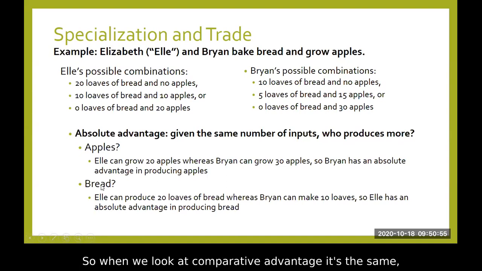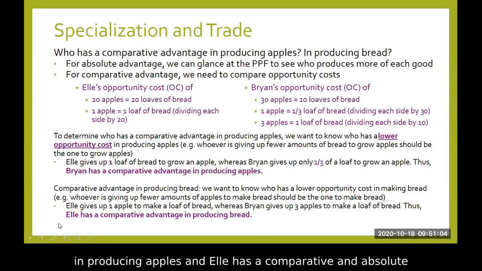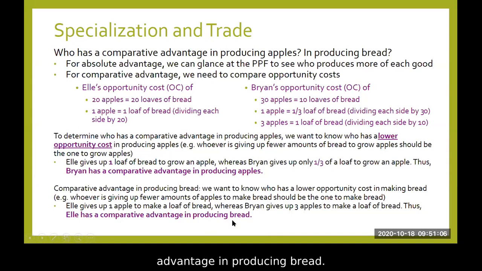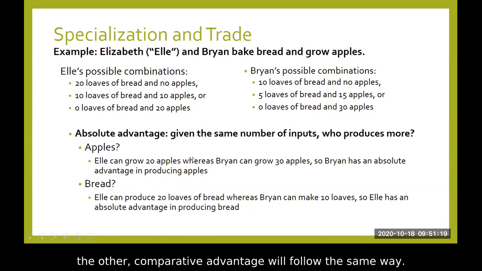So when we look at comparative advantage, it's the same. Brian had the absolute and comparative advantage in producing apples, and Elle has a comparative and absolute advantage in producing bread. So whenever you have this absolute advantage between the 2 producers, where one producer is better at one and the other producer is better at the other, comparative advantage will follow the same way.